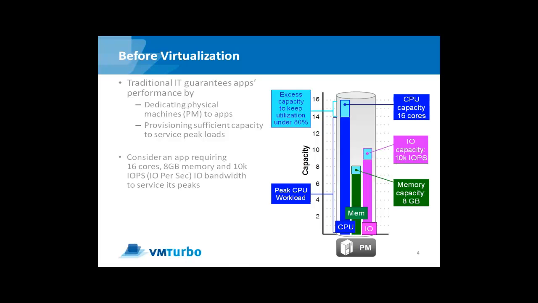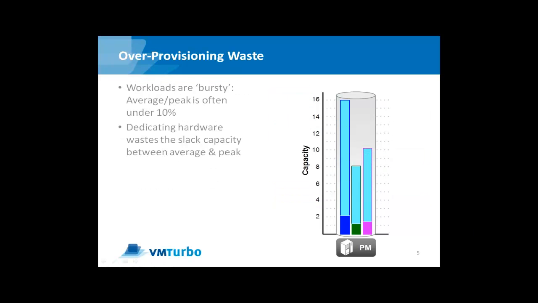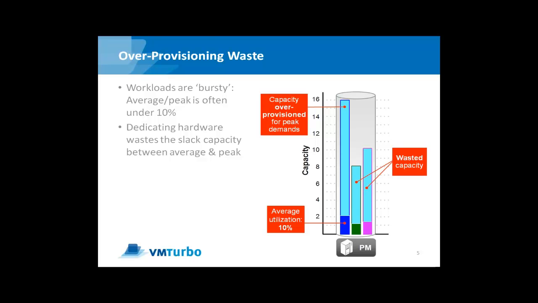So this is the machine you provision for it. Of course, the reality is that workloads are bursty, and the average is often 10% or less of the peak. And so dedicating the hardware wastes a great deal of capacity between the average level of utilization and the peaks.